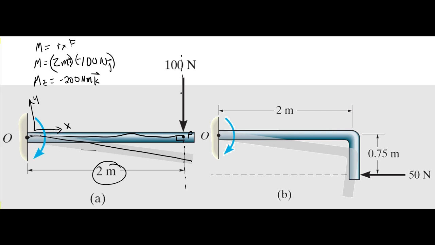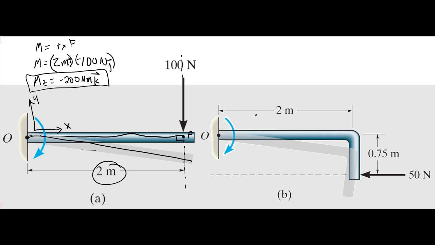You can put your fingers in the x direction and then curl downwards in the negative y direction. Your thumb would then point into the board, or into the screen, and that means that you have that negative moment in the k direction. So that's just a little bit more on what you're doing here.